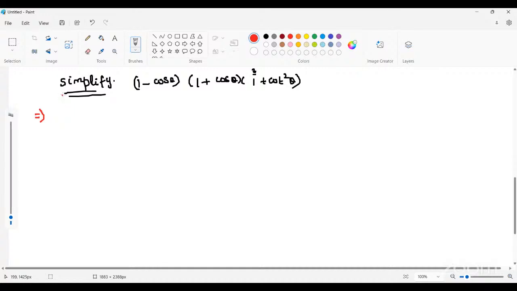Right? So this is a plus b into a minus b, which is a square minus b square, into 1 plus cot square theta. We know sine square theta plus cos square theta is 1. So therefore sine square theta is 1 minus cos square theta. So we are writing it as sine square theta into (1 plus cot square theta).